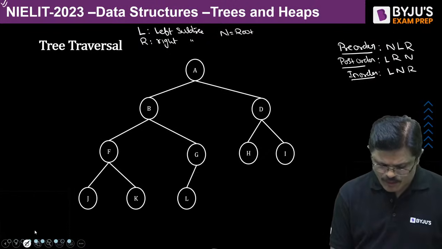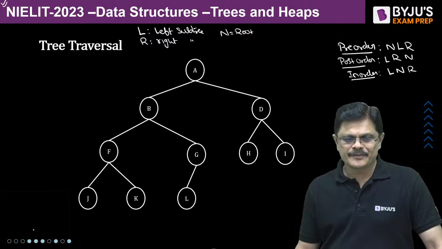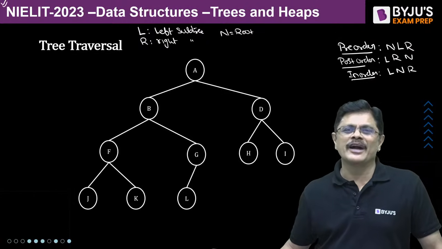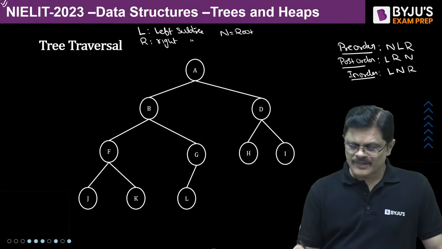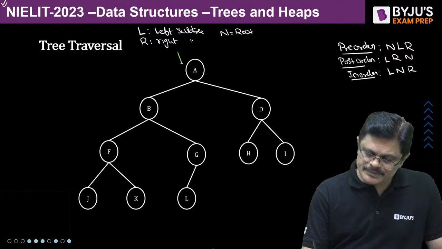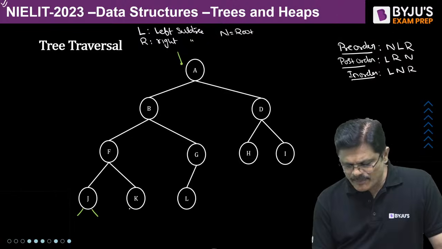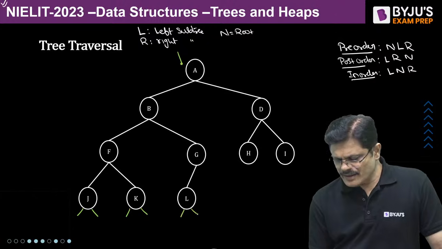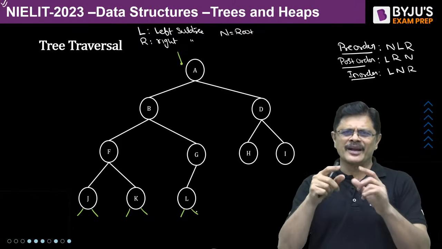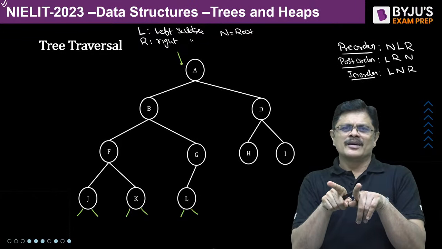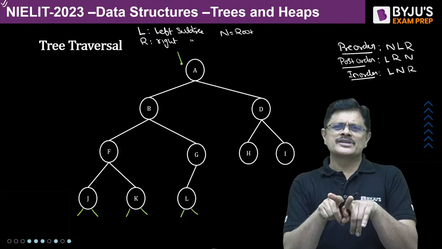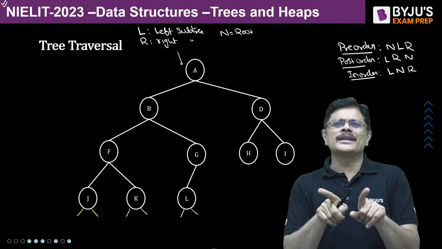And we have a small technique which you can use for finding the traversal of a tree. We start a walk from here. What you can do is create some dummy links. A binary tree can have two links, and for leaf nodes the two links are missing, so we can call them null links.